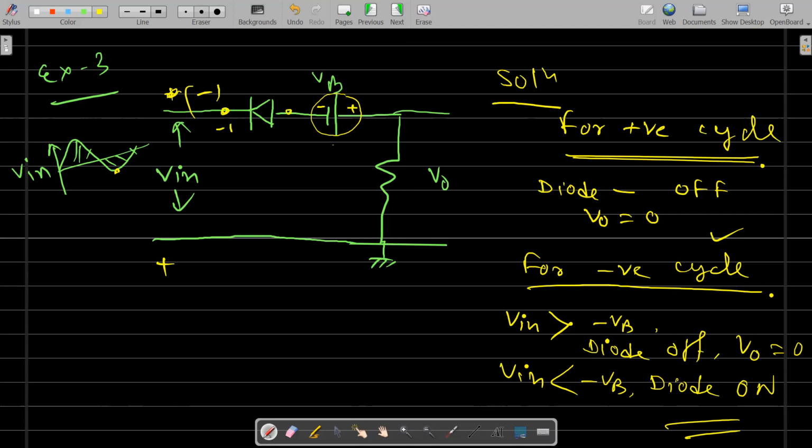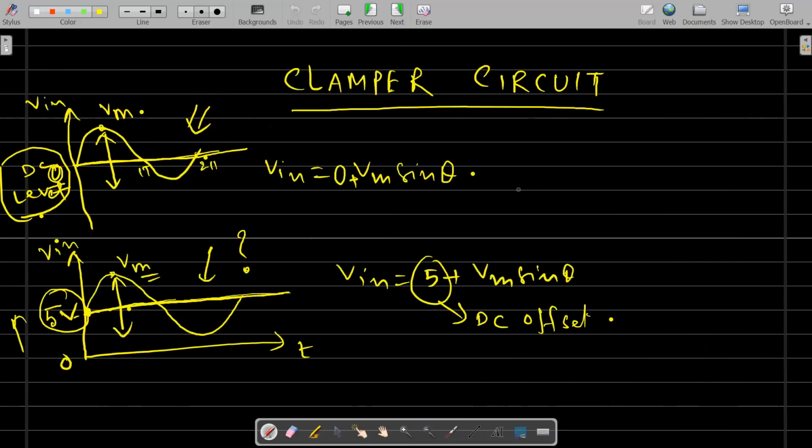Suppose for the negative cycle, Vin is -1 and VB is -5. So the diode will be off. The diode will be on when the input voltage is just below -5. That means when Vin is less than minus VB, the diode will be on, otherwise the diode will be off. And when the diode is on, again, you can draw the equivalent circuit.